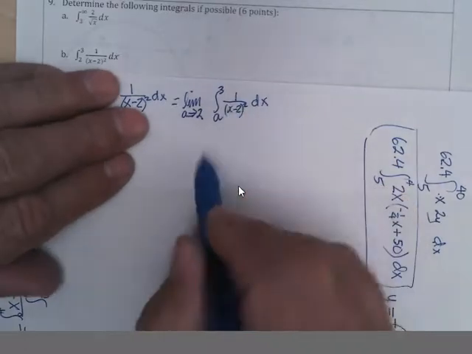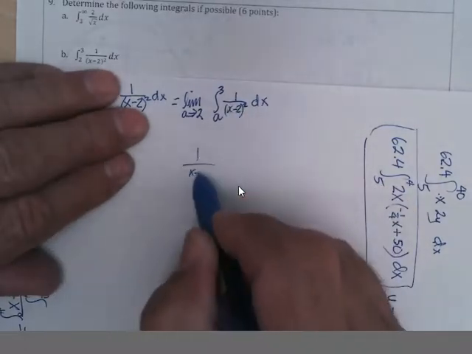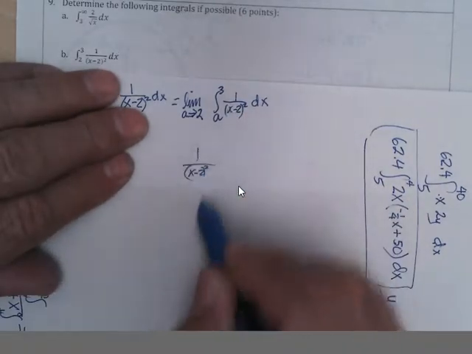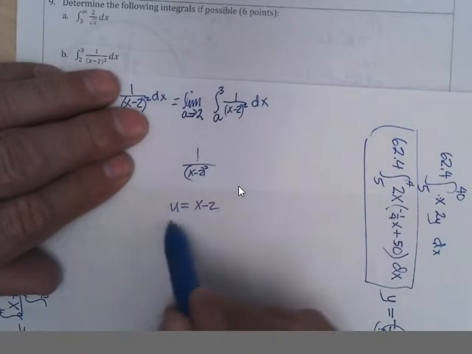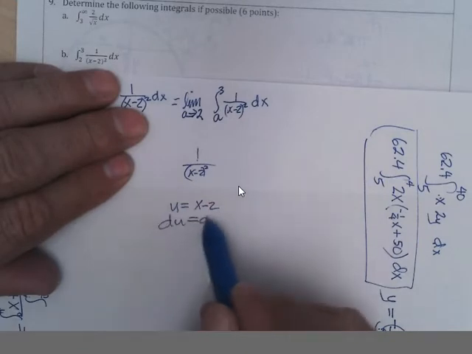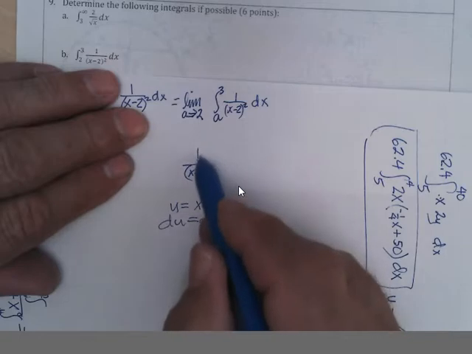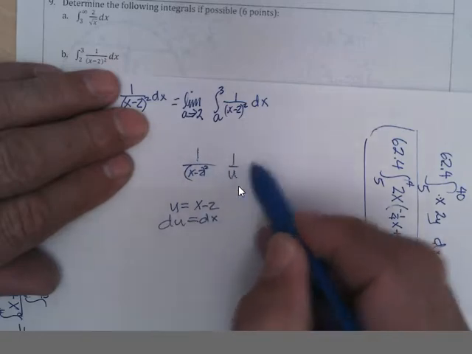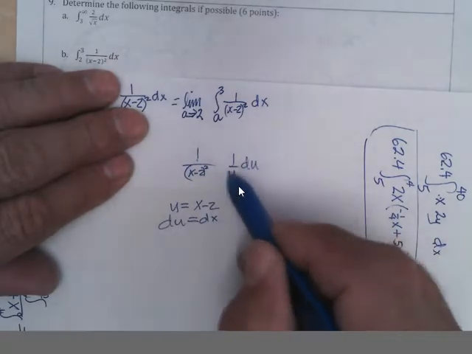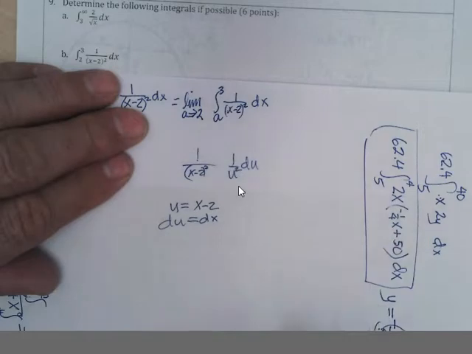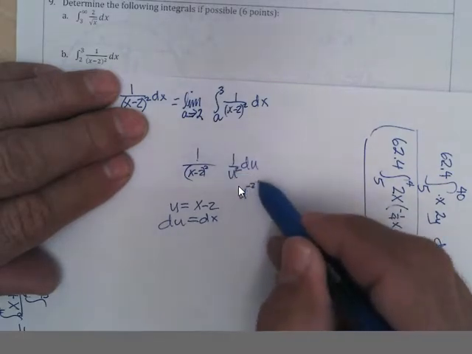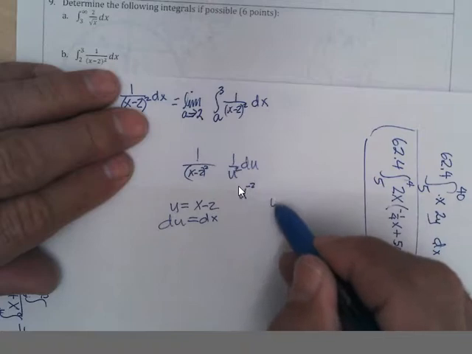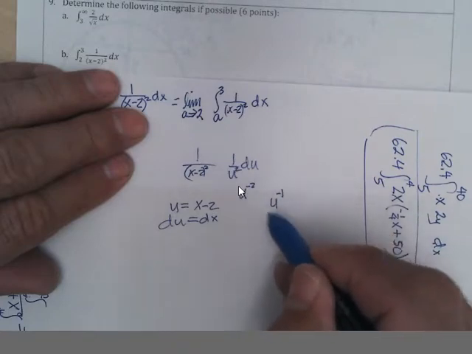Now, if we do a u substitution, for 1 over x minus 2 squared, if I let u equal x minus 2, du would equal dx, and so this would be 1 over u squared du. So the antiderivative of u to the minus 2, I'd add 1, so it'd be u to the minus 1 divided by minus 1.